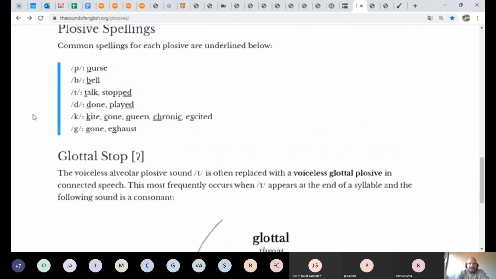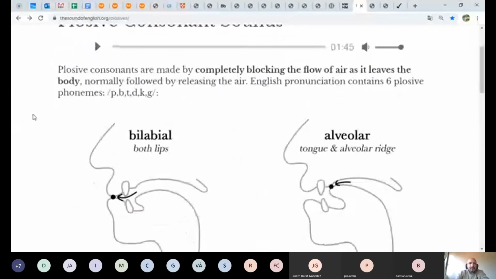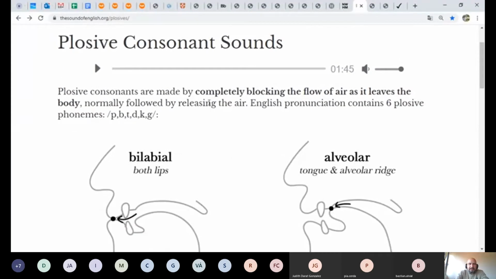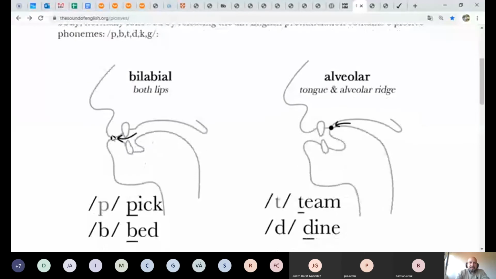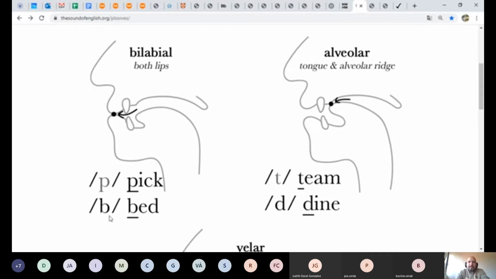All right. So we have an explanation here of how the plosive sounds are made, a complete blocking of the flow of air, right? Sometimes the place where you block the air is right here in between the lips, so this is a bilabial plosive, p and b, because the lips are actually stopping the air from leaving your mouth.